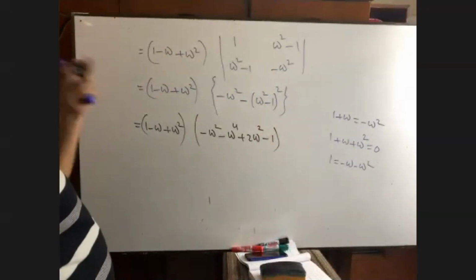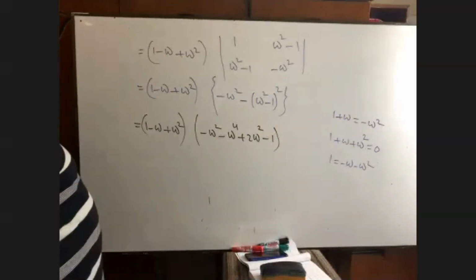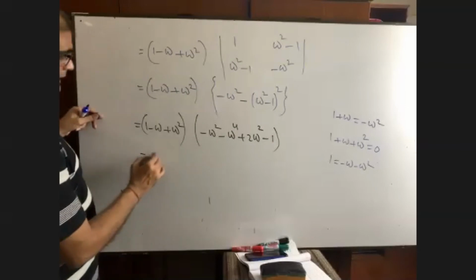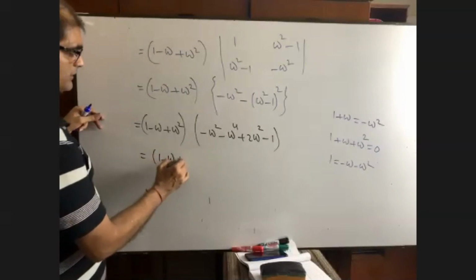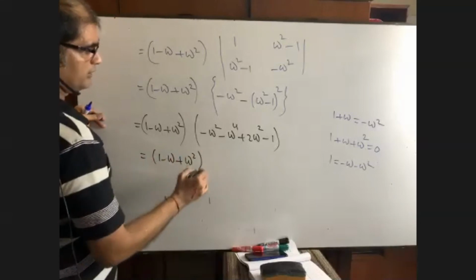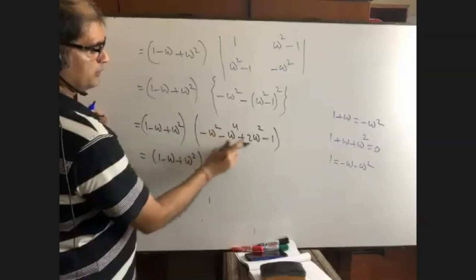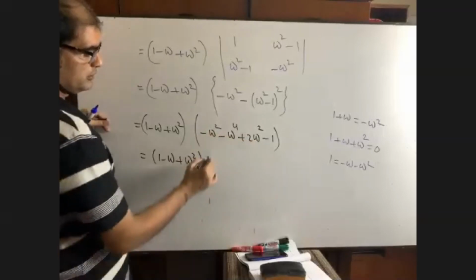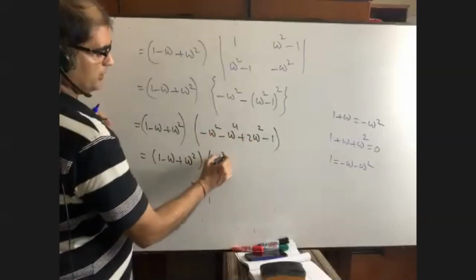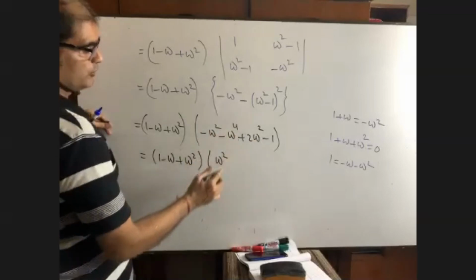Can you please talk to me? Yes, sir. That is 1 minus omega plus omega square. It is what? Calculate it. Minus omega square plus 2 omega square equals to what? Only omega square. It is omega 4. That means what?